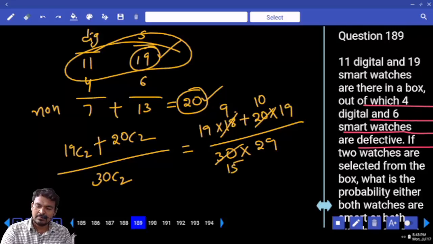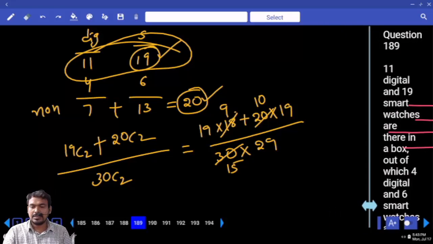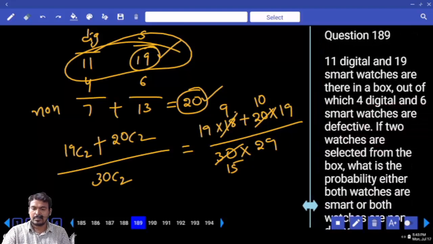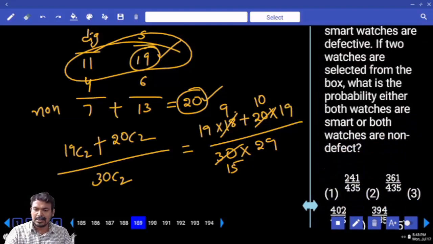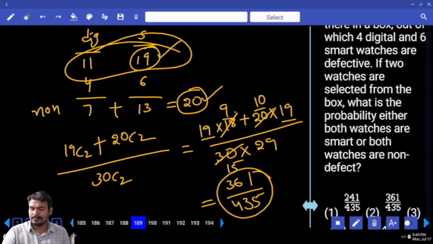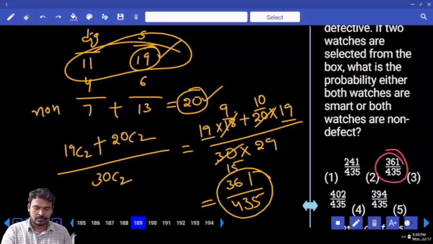Denominator 15 times, or 19 into 19. 171. 19 into 10. What is the common value? 19 common. 9 plus 10 is 19. That will be 19 into 19, which is 361, by 29 into 15, that will be 435. Next question number 190.